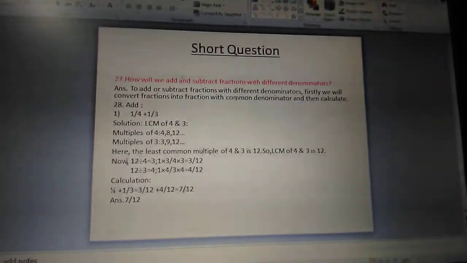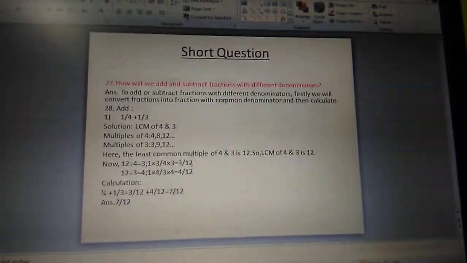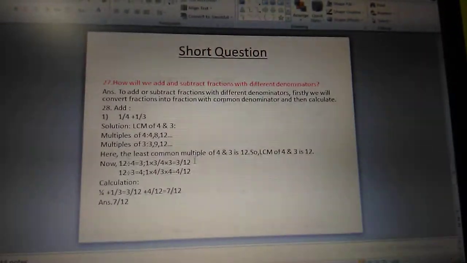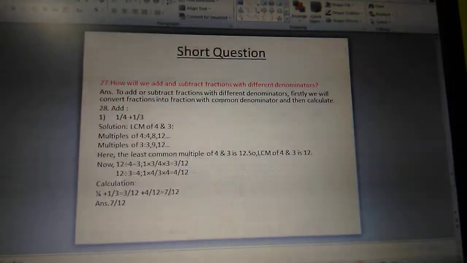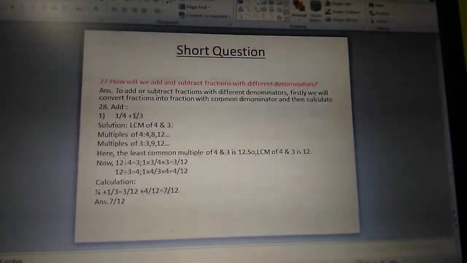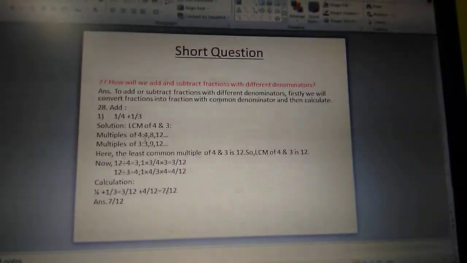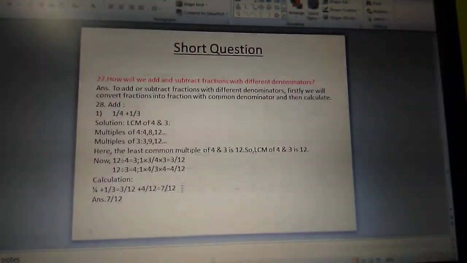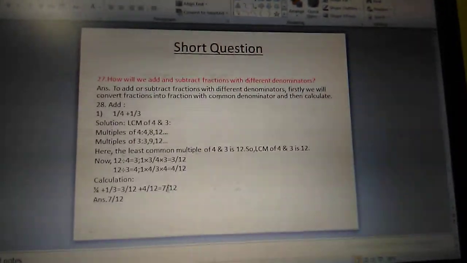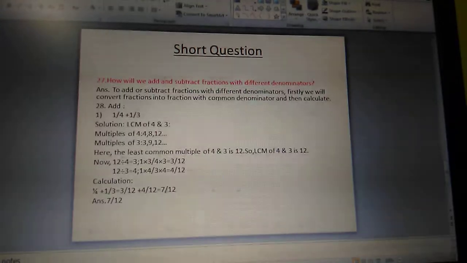Following the process of converting to the same denominators, we have done this one. So now 3/12 and 4/12 are fractions with common denominators. Now we'll do the calculation: 1/4 plus 1/3 equals, with common denominators, 3/12 plus 4/12. So 12 is here, and if we add 3 and 4, it is 7, so the answer is 7/12. In that way we can also do subtraction.